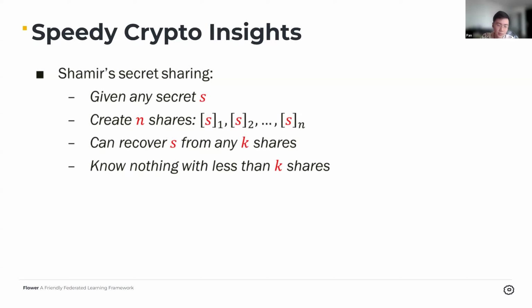So if we apply this mechanism on the secret keys of the clients, and let all those clients send a secret share to each of the other clients in the training, then even if a client drops out, as long as more than K clients survive, the server can ask for the secret shares from the surviving K clients and then reconstruct the secret key of the dropped client. And with that secret key, the server is able to reconstruct the pairwise noises of it.